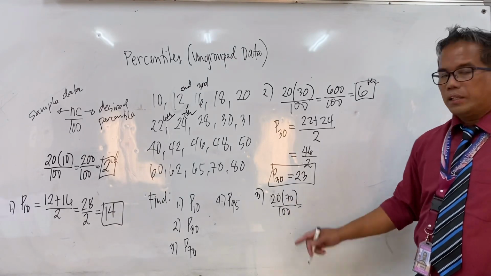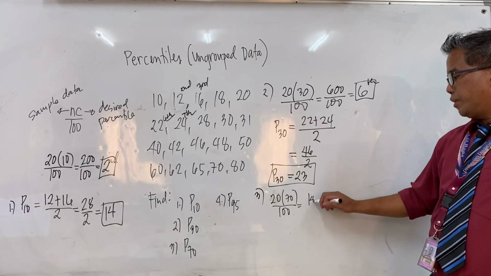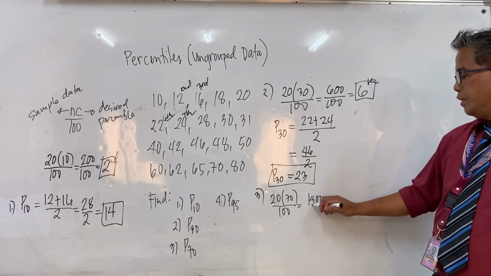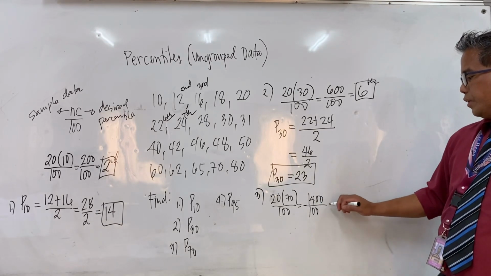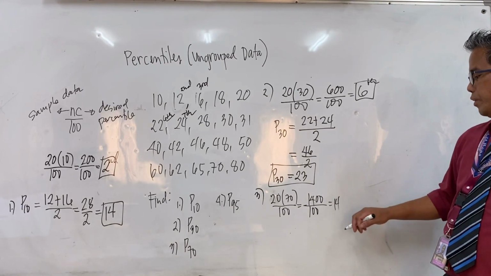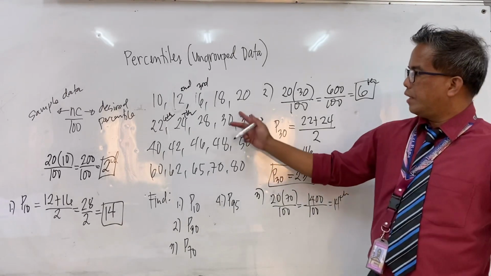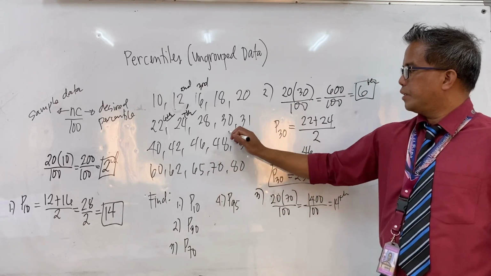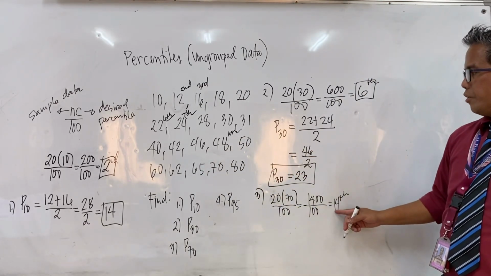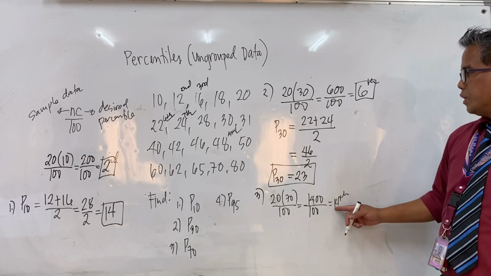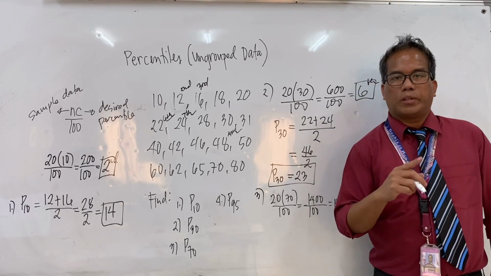So 20 times 70 equals 1,400, then over 100. So the answer is 14. So the 14th term, we will count here 10, 11, 12, 13, 14. So this is the 14th term. Since this is an integer, we are going to add 0.5, so it will become 14.5.